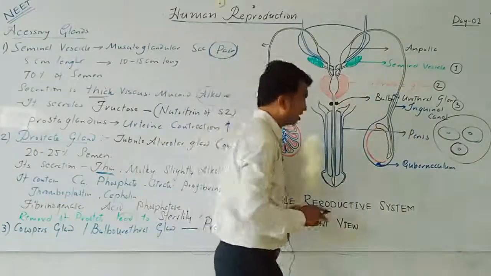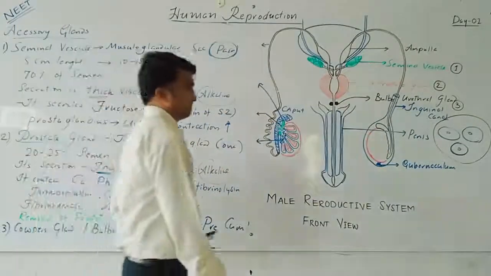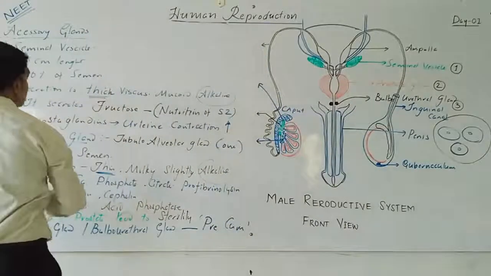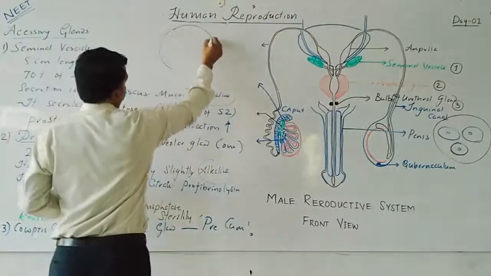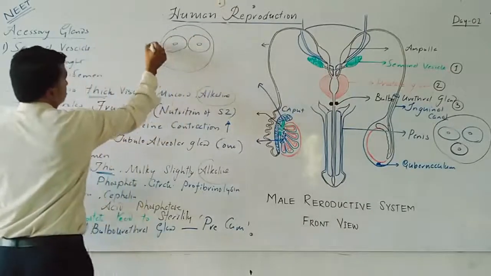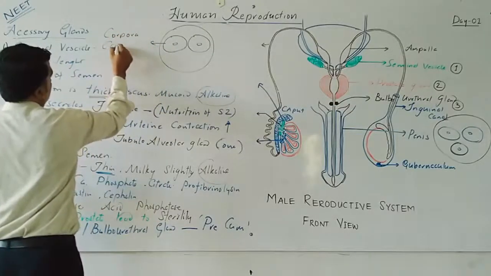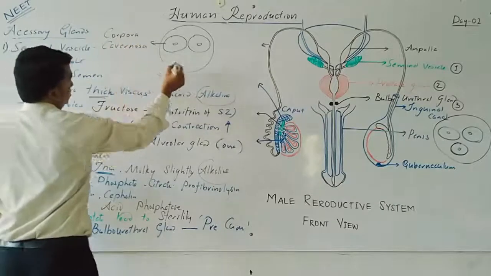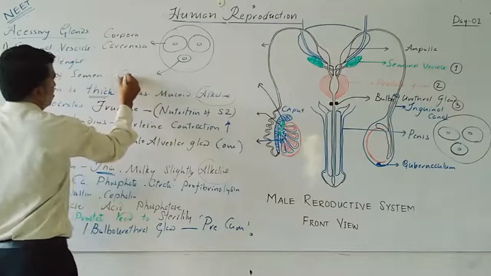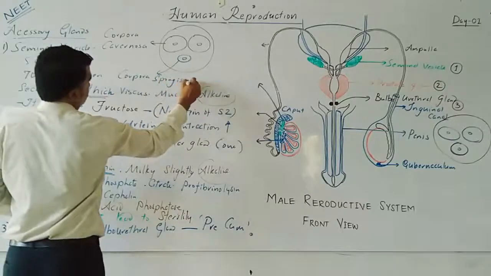Yes. I will write. The space is not there, so I will draw. So this is the transverse section of the penis. The upper structure is the corpora cavernosa, and the lower one is the corpora spongiosa.